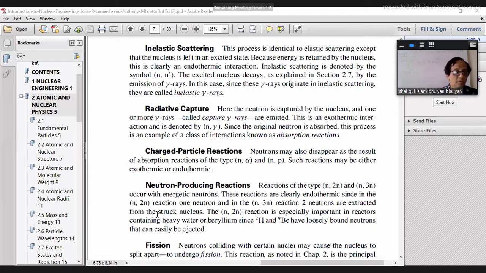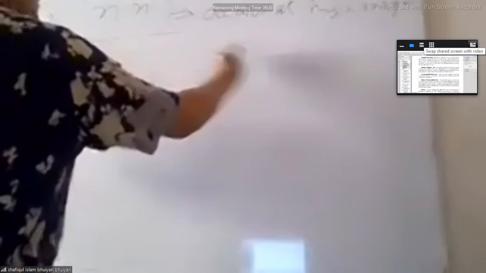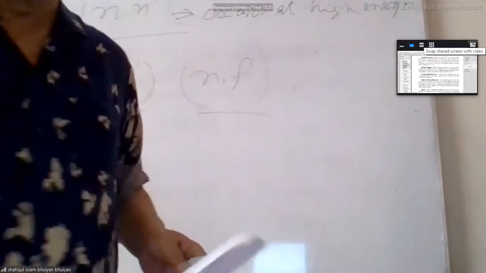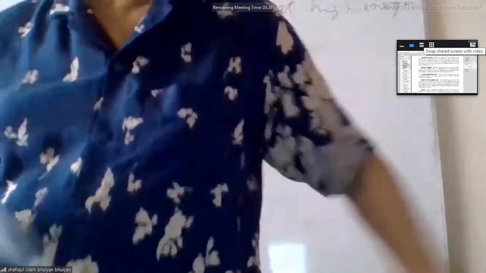For nuclear reactors, the most important absorption reactions are radiative capture and fission. Radiative capture and fission are the most important reactions for us to study, as these two processes compete.